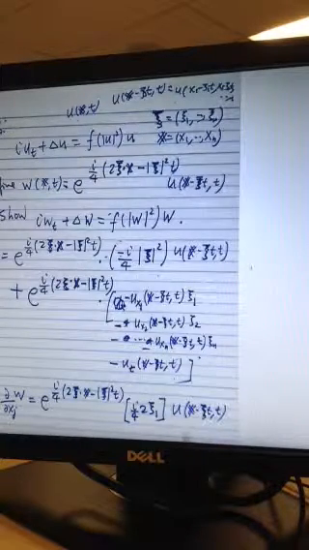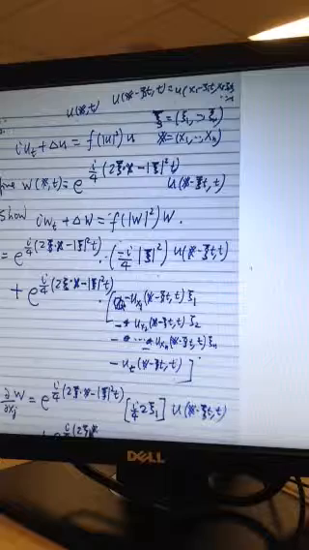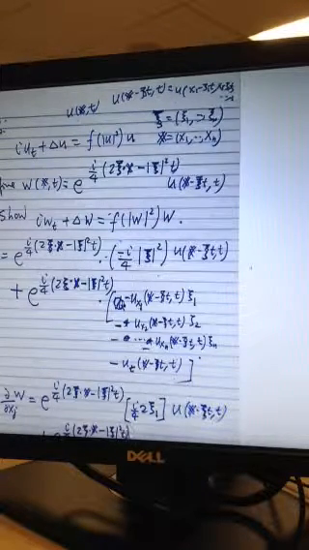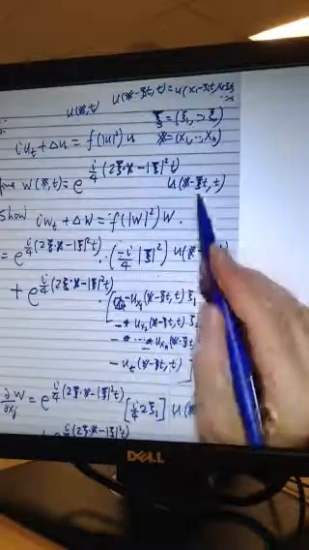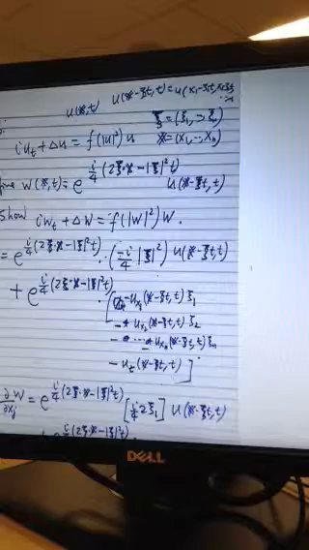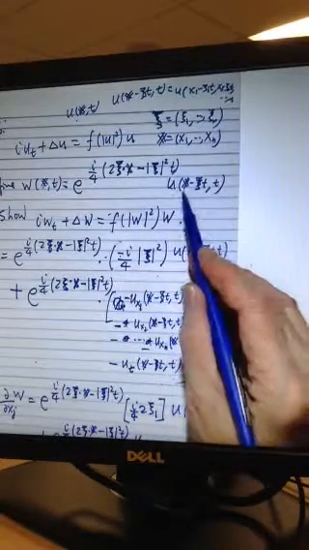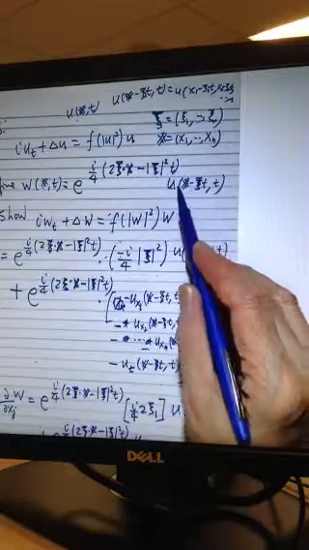And then plus the second term, using the product rule: e^{i/4(2c·x - |c|^2 t)} times the derivative of u with respect to x, so u_{xj}(x - ct, t). That's fine because there's nothing in front of x.